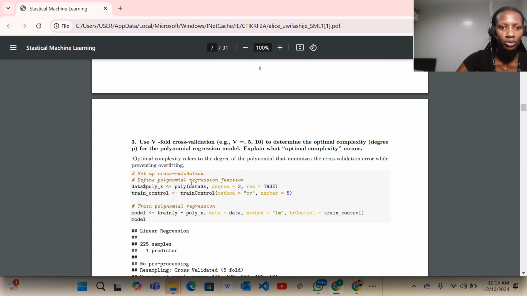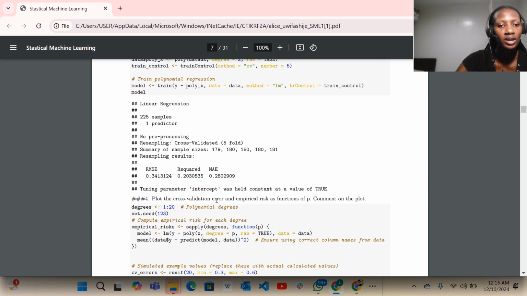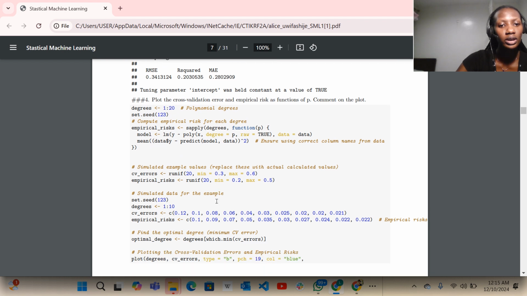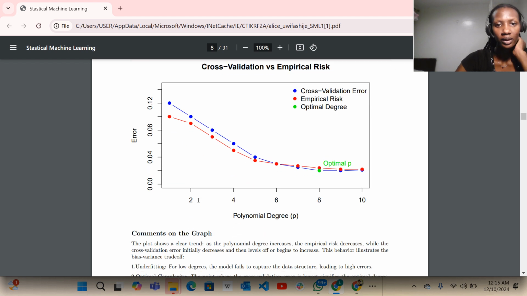third part, which was about cross-validation, and it covered optimal, complex and simplest models. For this, we get the graph representing cross-validation versus empirical risk.